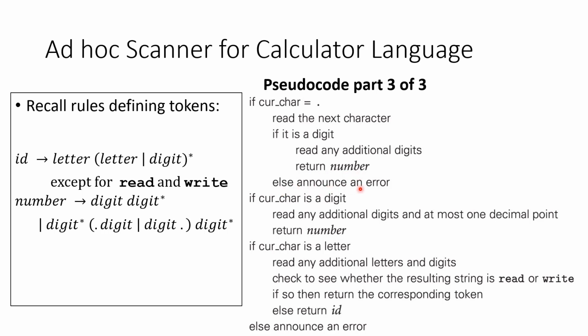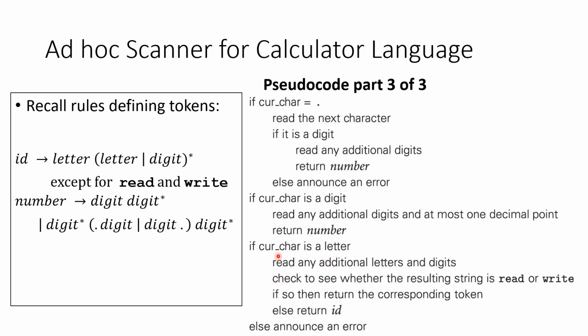Otherwise, it announces an error. So this is the case when the next character after the period is not a digit, then it announces an error. So in the case that the current character is a digit, then it reads any additional digits and at most one decimal point. Then after that, it returns a number.